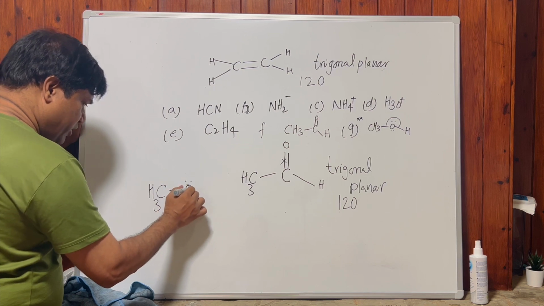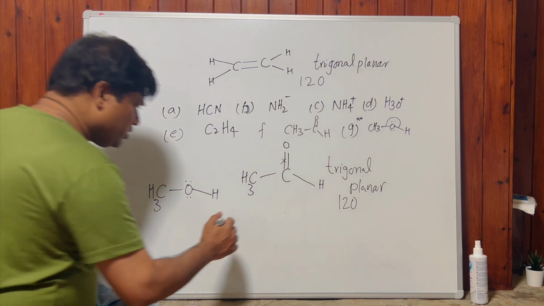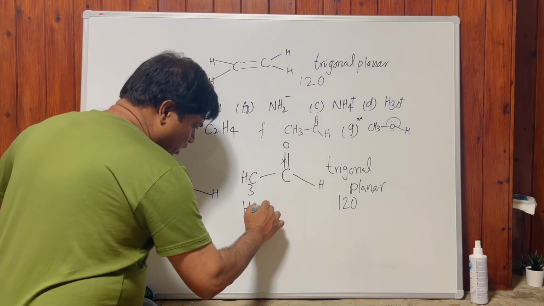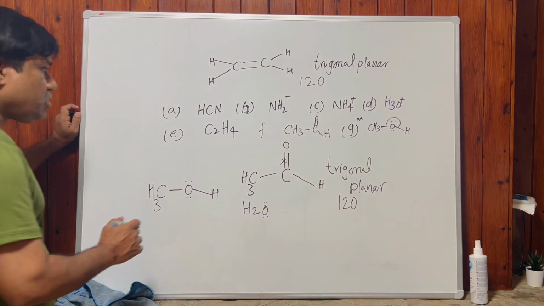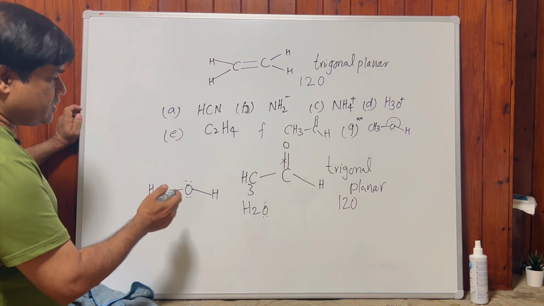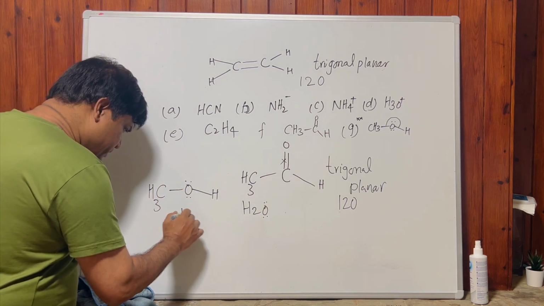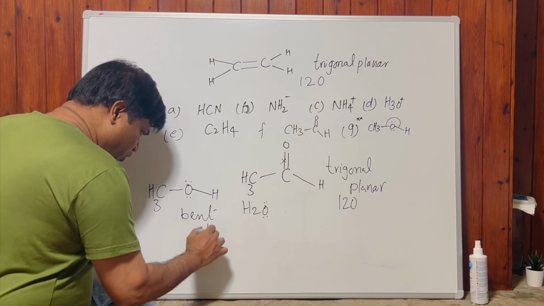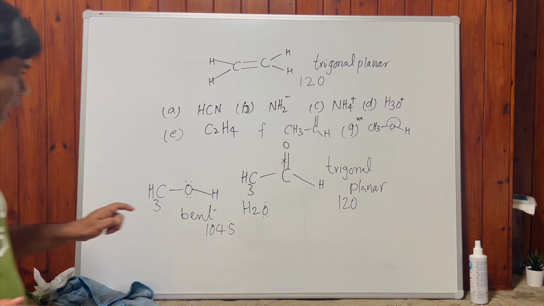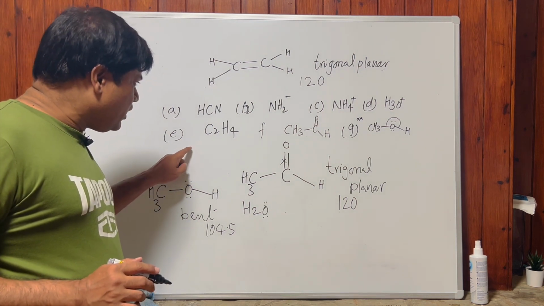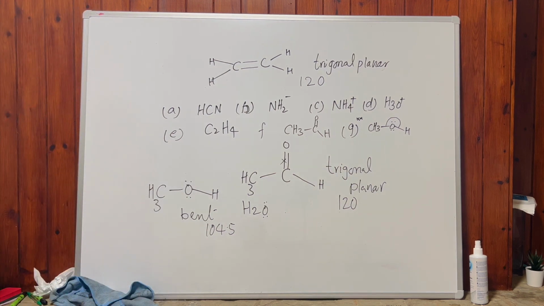Oxygen has two lone pairs and two bond pairs, very close to the water molecule, which is a bent molecule. So bent, non-linear, 104.5.